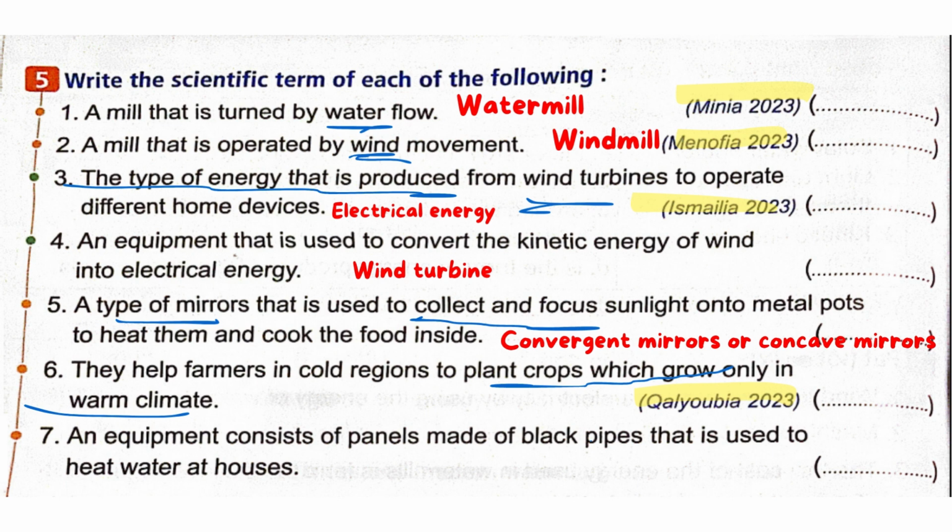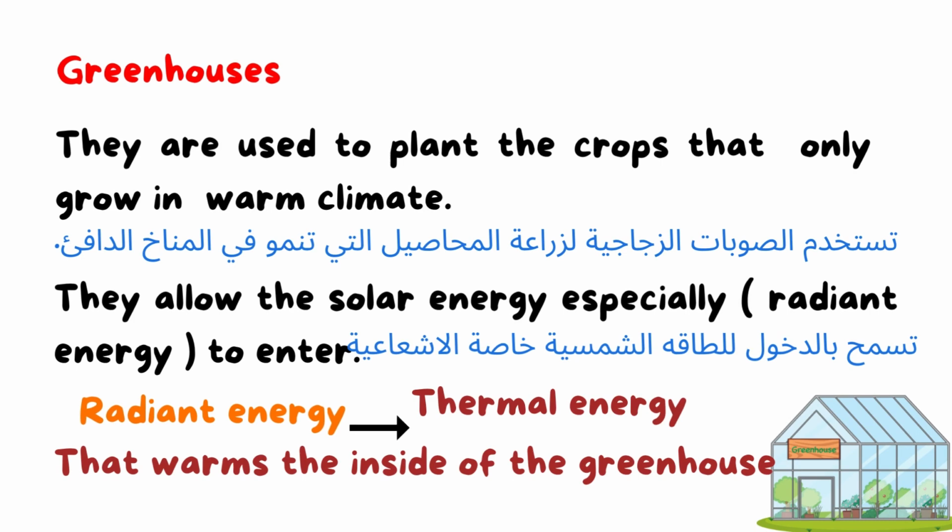Okay, next question we have. They help farmers in cold regions to plant crops which grow only in warm climate. Okay, so what is this? And this question came last year in the exam. So this is the greenhouses.